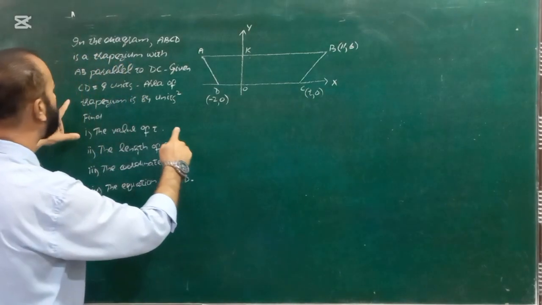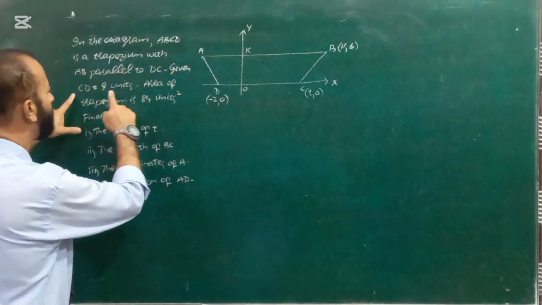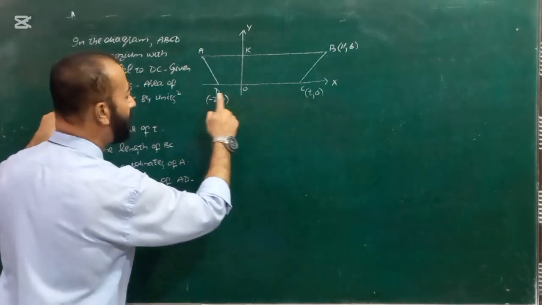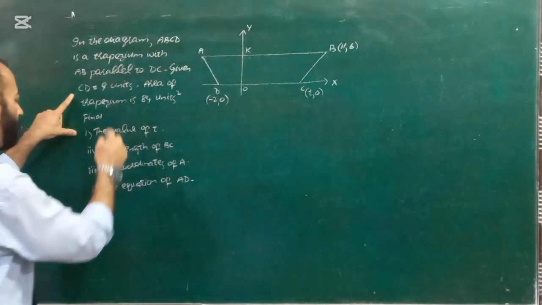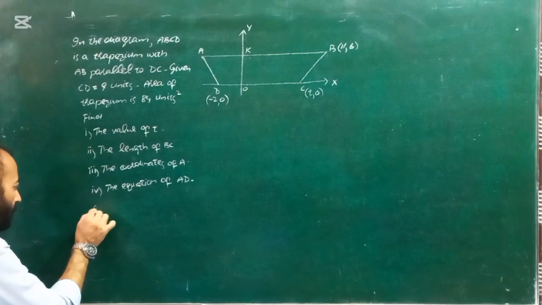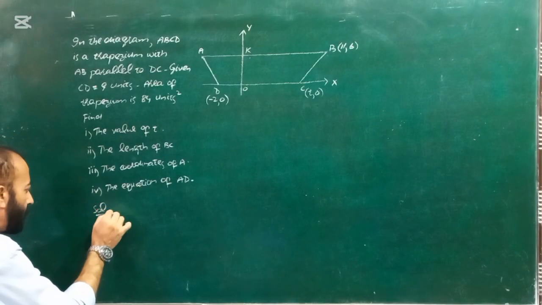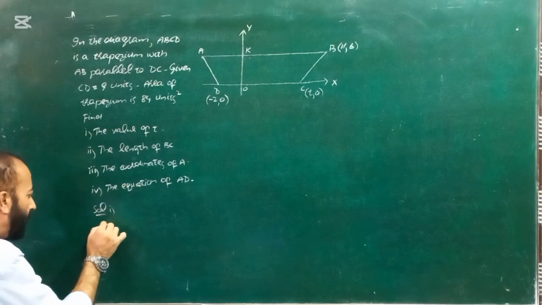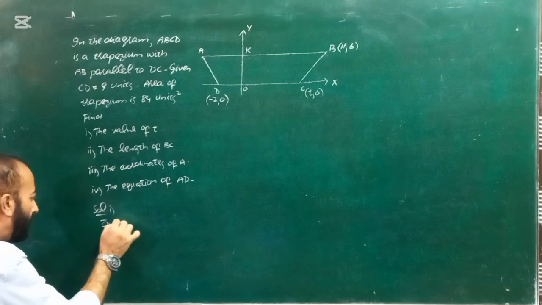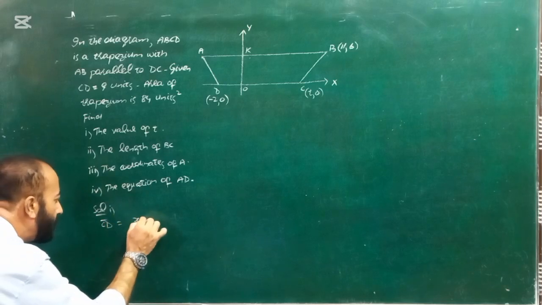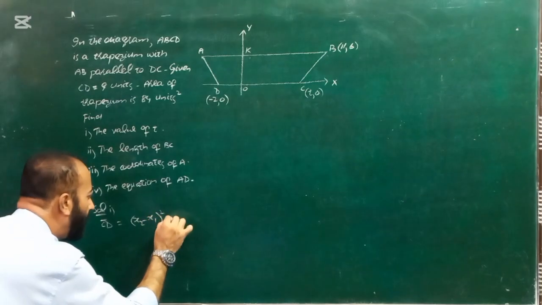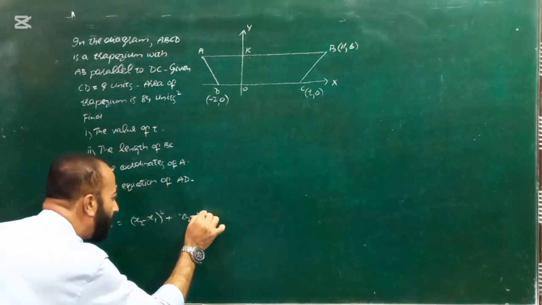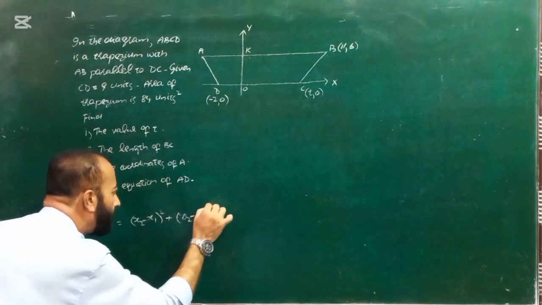So look now, given that CD is 9 units, so from here we will start. If we find the distance CD, that will be equal to 9 units. So look now, from here, first part, distance CD will be equal to the square root of x2 minus x1 whole square plus y2 minus y1 whole square.